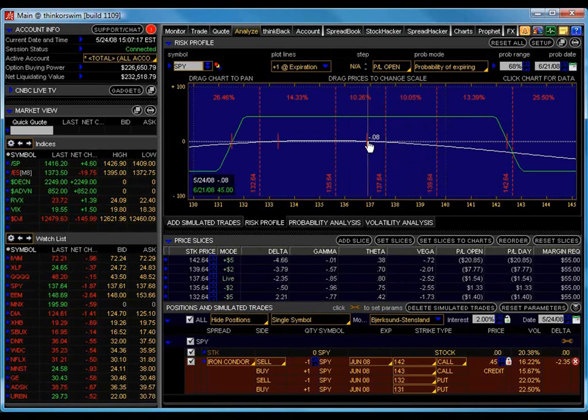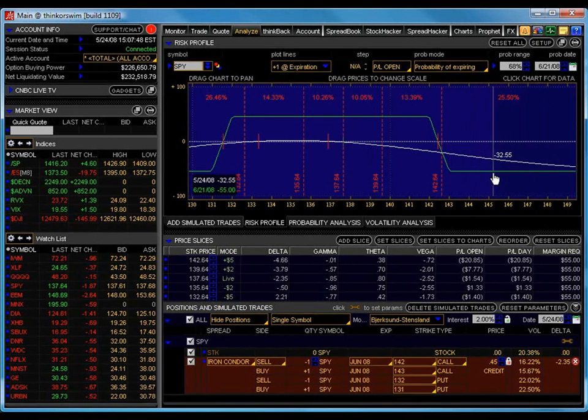But it also has probably a little bit more risk than some of the other positions. For example, calendars will have a little bit less favorable theta decay, but also a much lower risk. With iron condors, your maximum loss is actually close to the same as your maximum profit. But it also is limited.